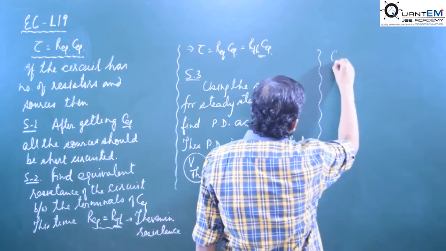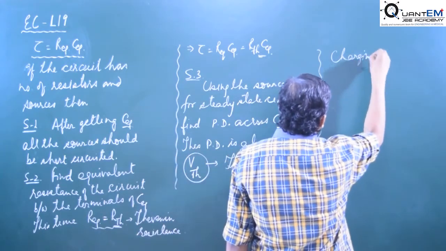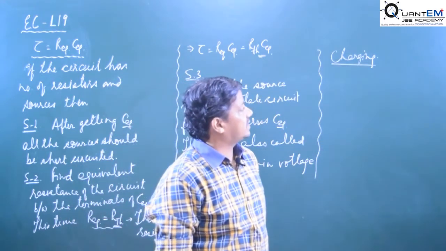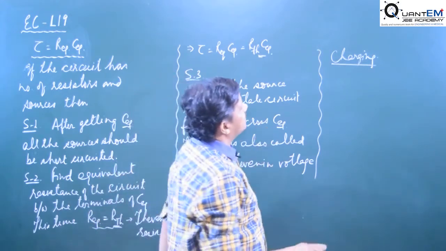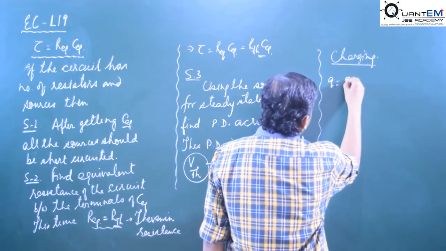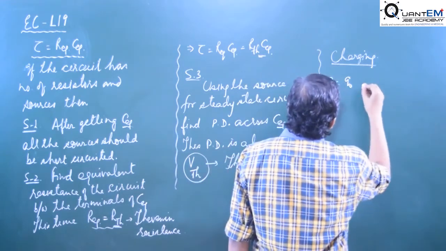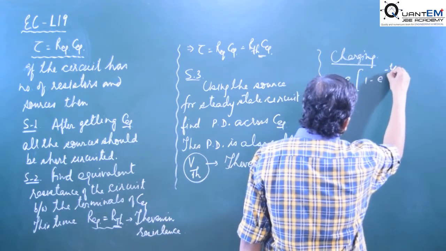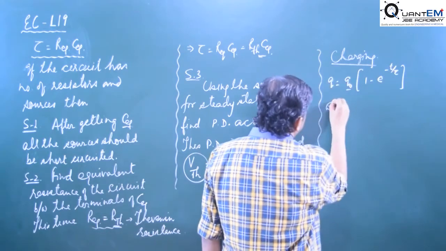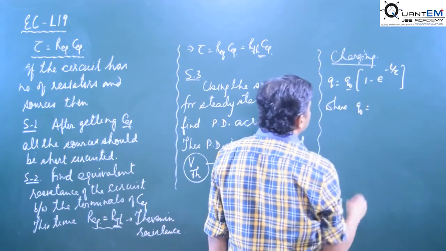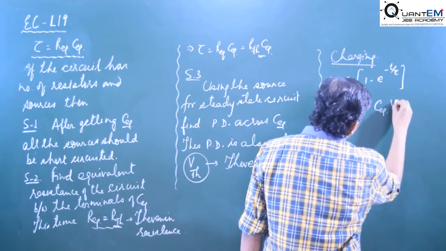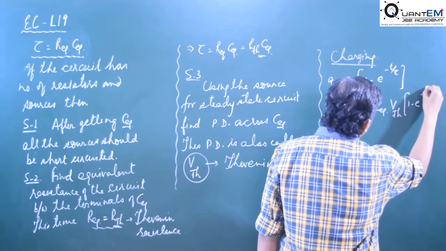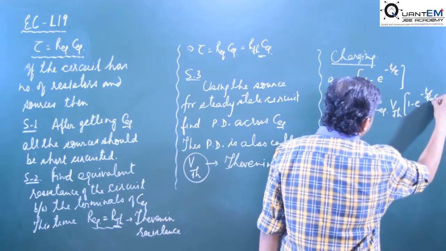Now during the charging process, if we have to find the charge across the capacitor for the given circuit, then we have to use Q is equal to Q naught into 1 minus e to the power minus t by tau, where Q naught is equal to capacitance C into the Thevenin voltage, and tau is R equivalent into C equivalent.